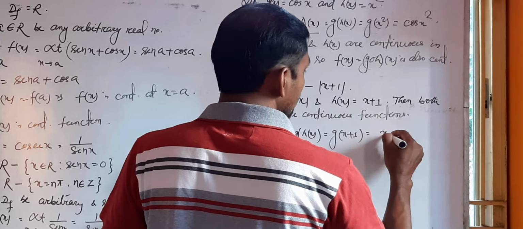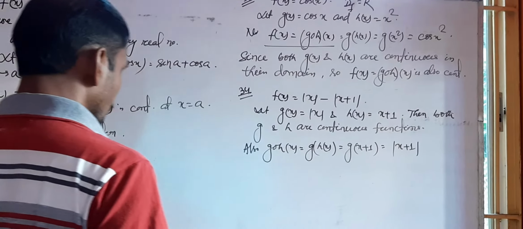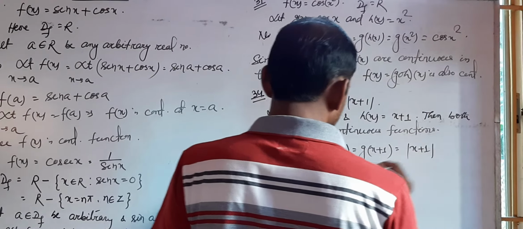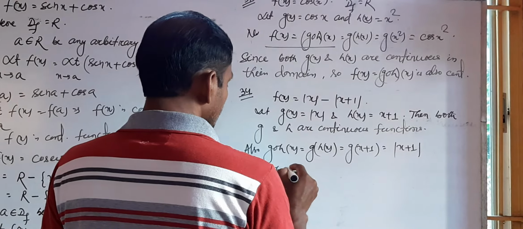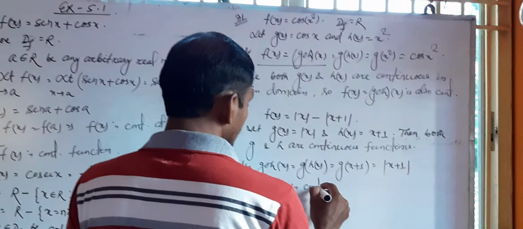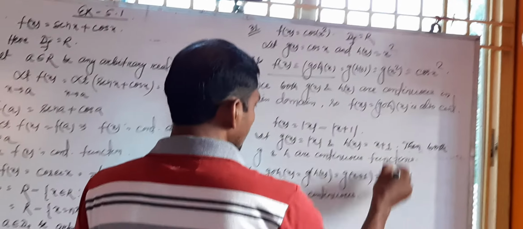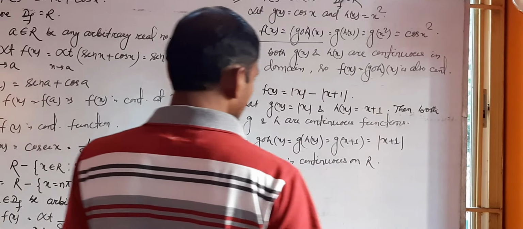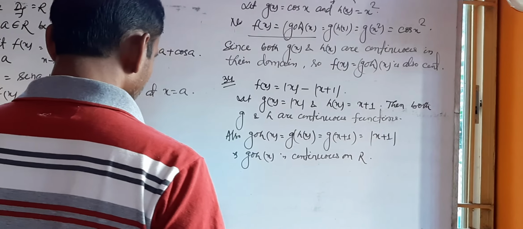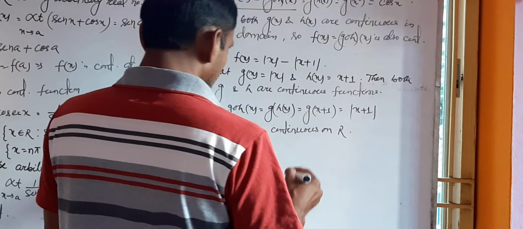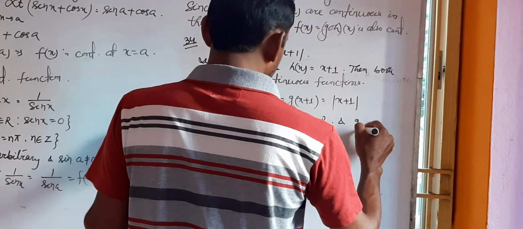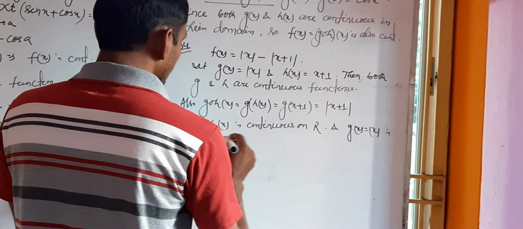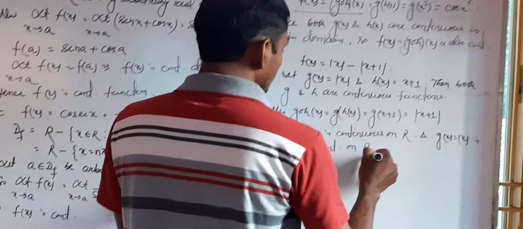So g of x plus 1 is modulus of x plus 1. So g of h of x is also continuous, because it is also an absolute value function. It is continuous on R. Then g of x equal to mod x is also continuous on R.